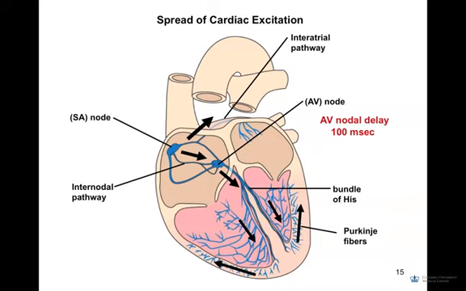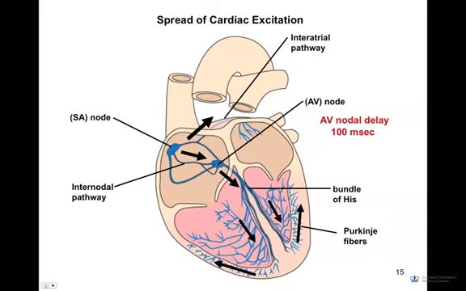We actually want a little bit of a delay between the firing of the SA node and the AV node, because the firing of the SA node leads to the contraction of both atria at the same time, which moves blood from both atria into both ventricles.